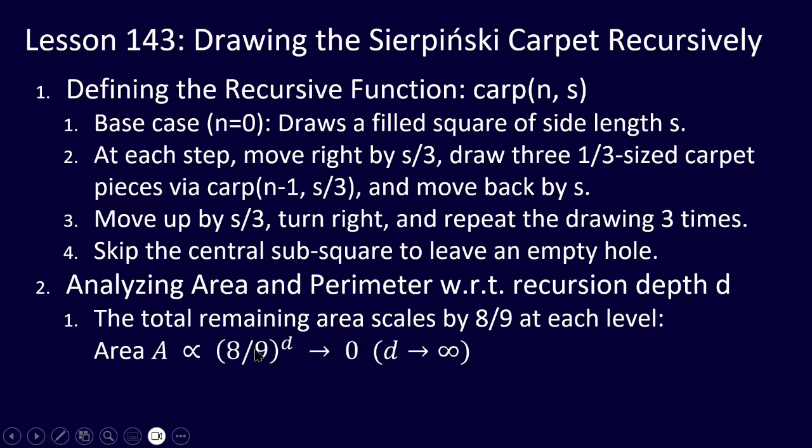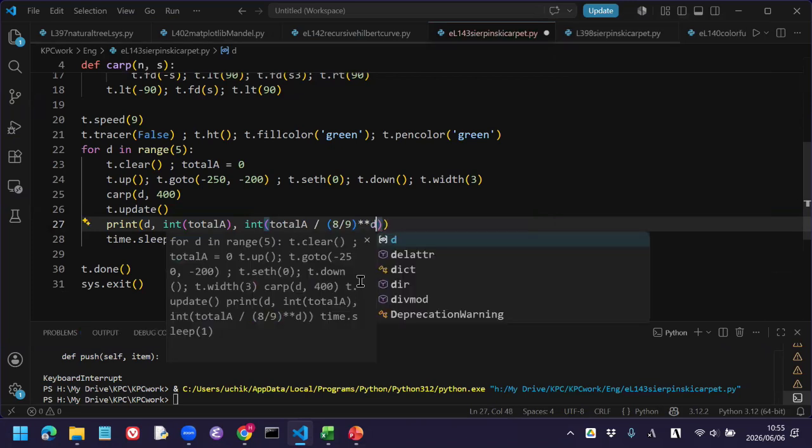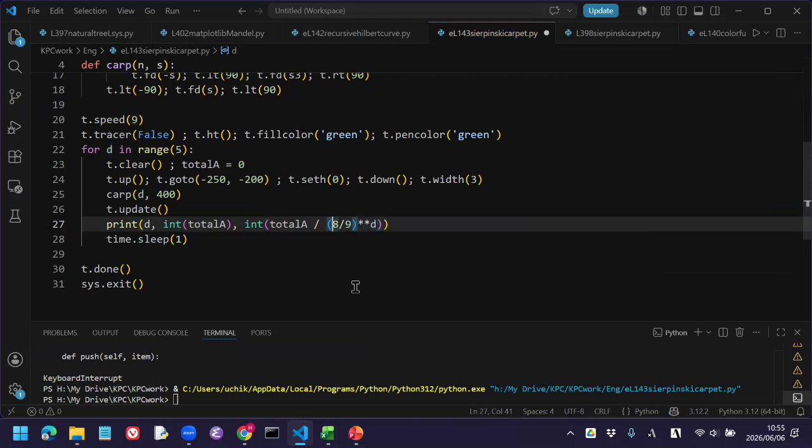So we will divide this by this number to see that it's really constant. So second one, int total A divided by 8 over 9 raised to the power of D. Okay, just to make sure, we will make an extra bracket here, although it's not important. Okay, so let's take a look at how it looks.